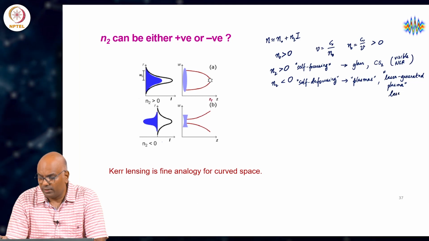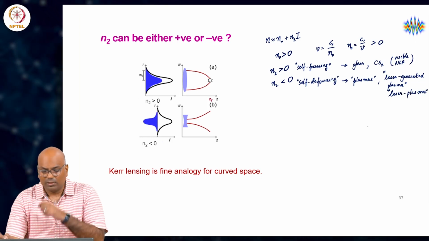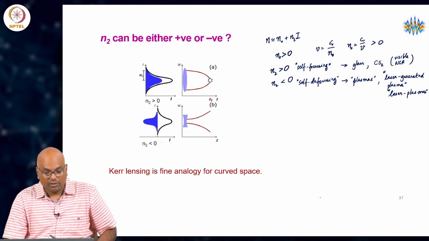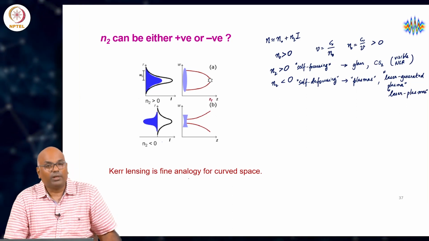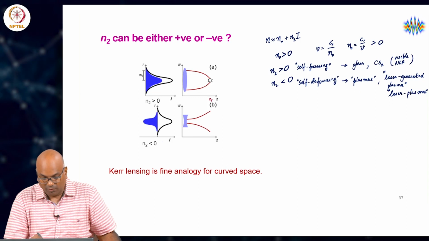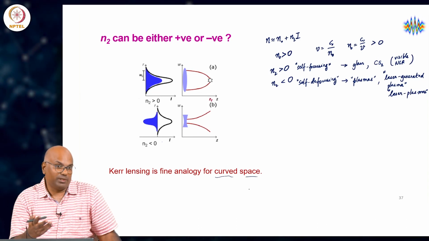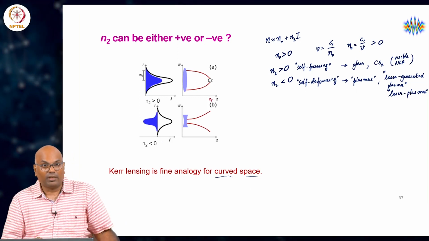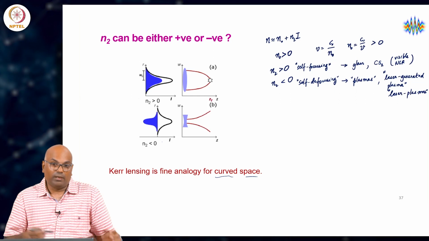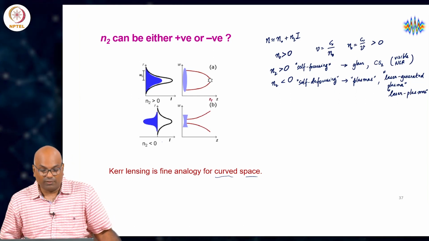In laser plasmas, one can encounter scenarios where self-defocusing occurs. Okay. So, this is also an analogy in one sense of space getting curved by the presence of something. Okay, this for a physics student may be an interesting analogy to consider, right. I mean such as what happens in gravitational physics.